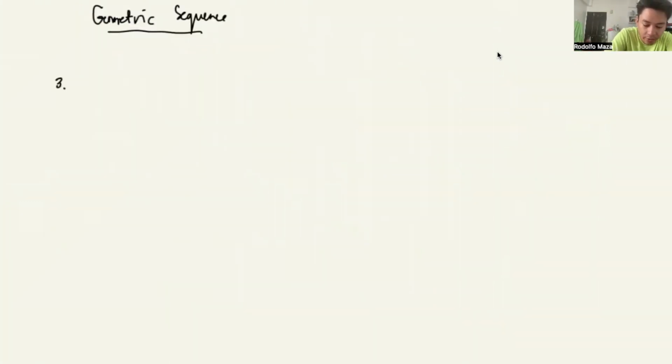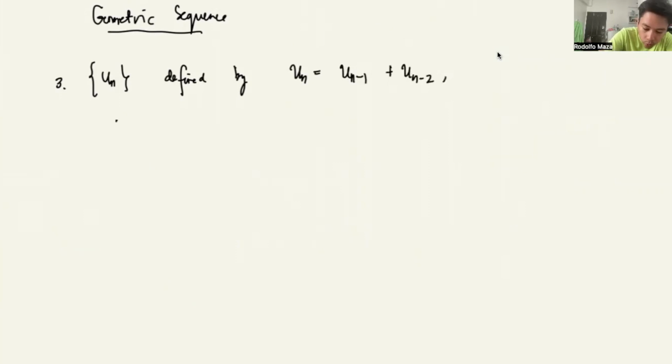Okay, another example. Let's say we have u sub n, and our u sub n is defined by u sub n equals u sub n minus 1 plus u sub n minus 2, where your n is greater than or equal to 2, and your u sub 0 is 1 and u sub 1 is 1. So, ibig sabihin, the sequence would start as 1, 1, kasi magsisimula tayo sa 2, di ba?